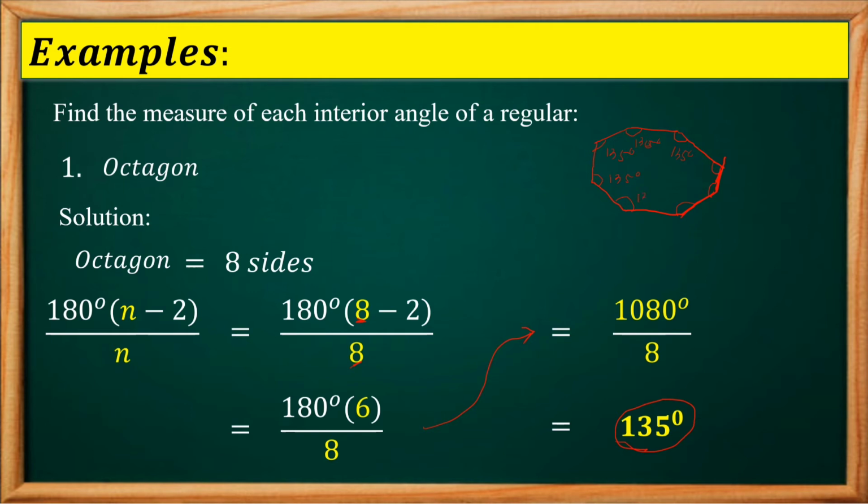Each measure of the angle is 135 degrees. Remember, it must be a regular octagon. That is the measure of each angle of a regular octagon.